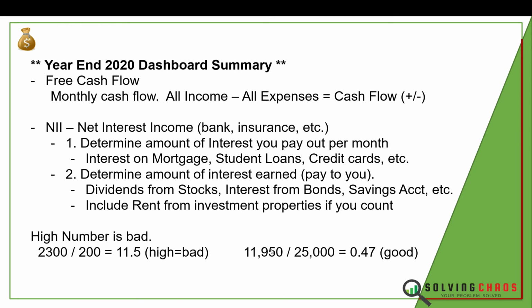On the other hand, let's use another example. Let's say you own 4 or 5 rental properties. So it is possible that you can have a huge amount of interest, $10,000 a month of interest.